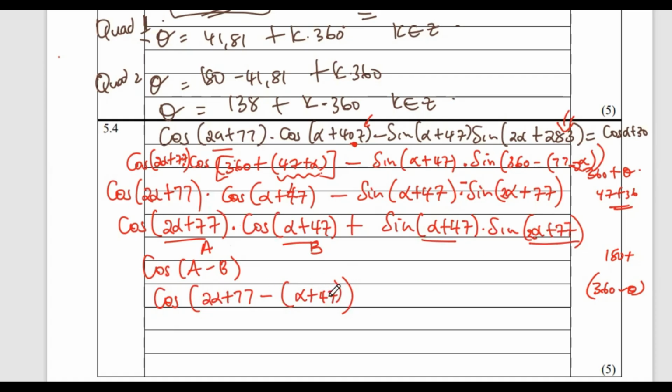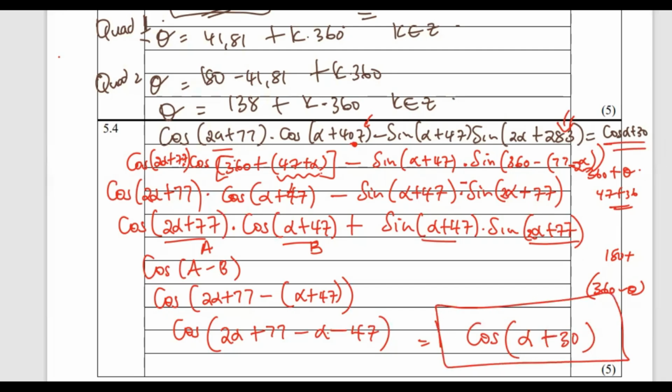Then I can open this up. I have the cos of 2 alpha plus 77 minus alpha minus 47. Then 2 alpha minus alpha will give us just an alpha. Then 77 minus 47 will give us a plus 30, which is the same as the right-hand side that they wanted. All right, so that is that.